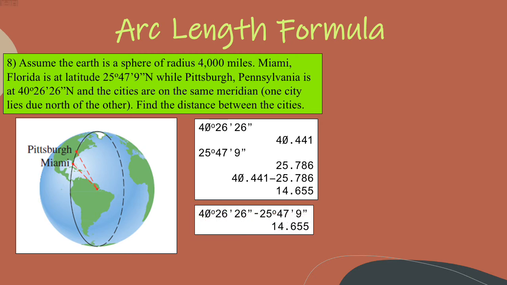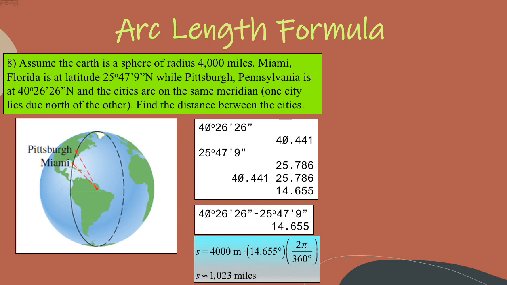However, a much easier way on the calculator is just to input them and let the calculator do the subtraction. 40 degrees, 26 minutes, 26 seconds, minus 25 degrees, 47 minutes, 9 seconds is 14.655. Using our arc length formula, we get S is equal to 4,000 miles times 14.655 degrees. And changing to radians, multiplying by 2 pi over 360, we get S is equal to 1,023 miles approximately.